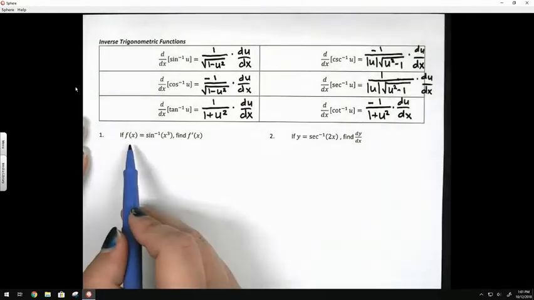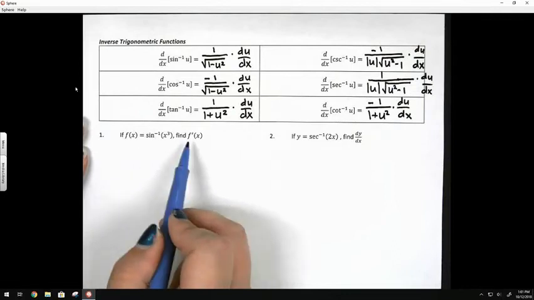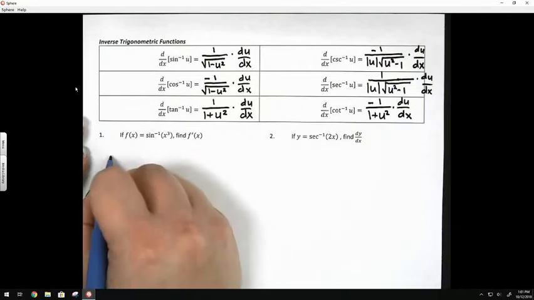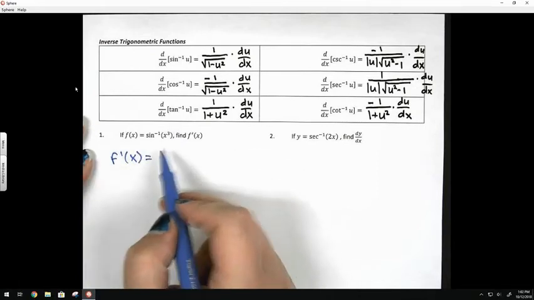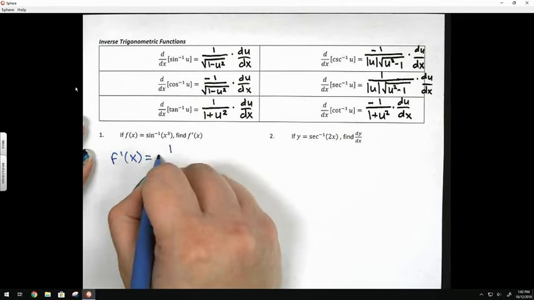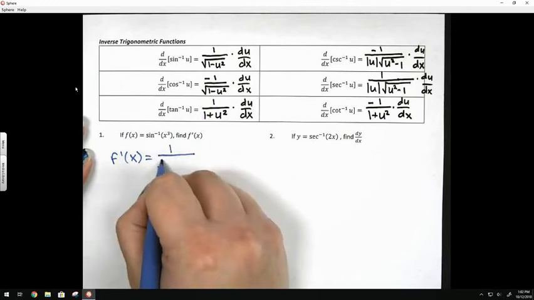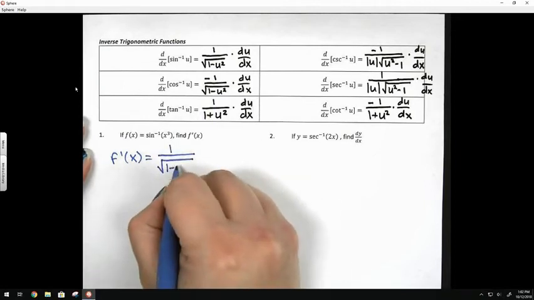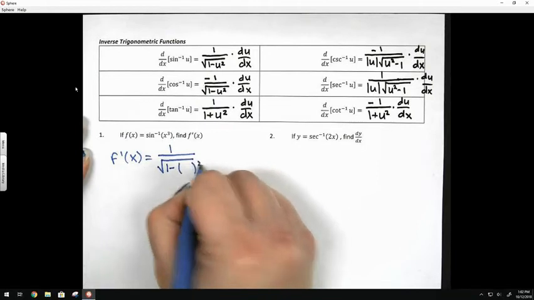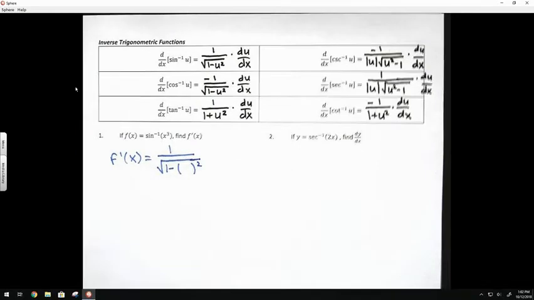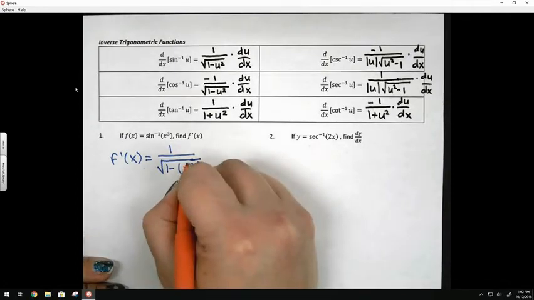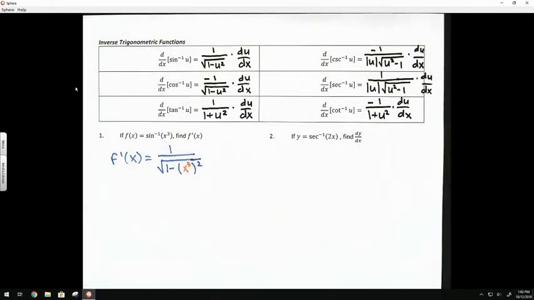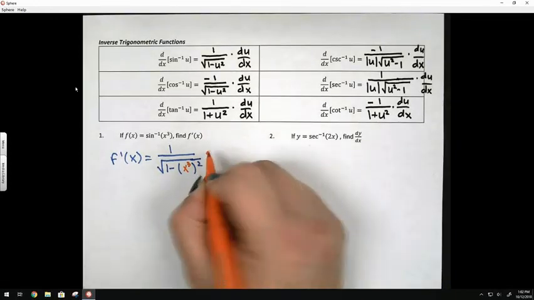So if f of x is sine inverse of x to the third, find f prime of x. So f prime of x, we're going to need sine inverse, which is 1 over the square root of 1 minus u squared. Okay, but the u is actually x to the third. And then we're going to have to do times the derivative of u.